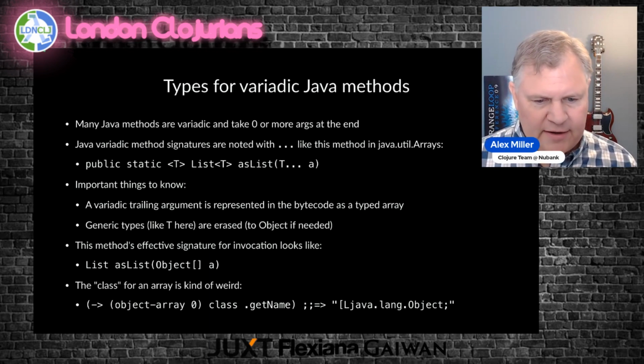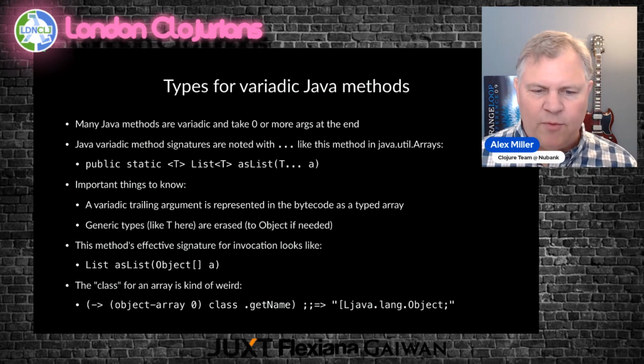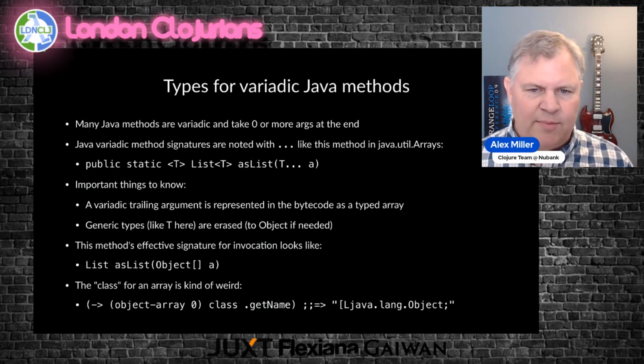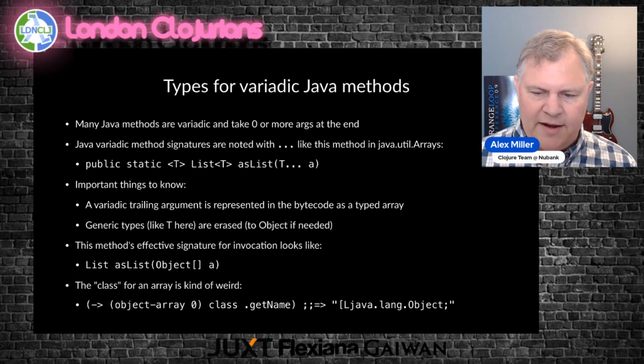You might find that there are existing type hints for things like arrays of primitives or an array of objects. So the objects type hint is sufficient in this case. But you can also use the Java internal type name for an array of objects, which looks like this line at the bottom.